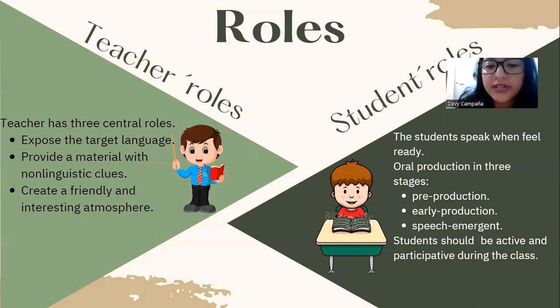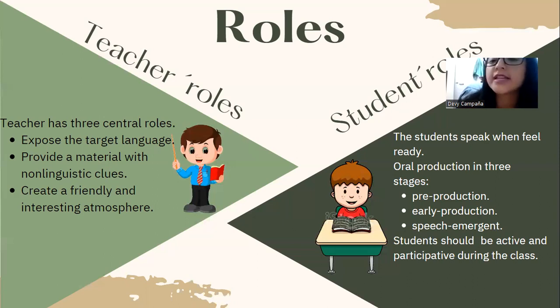These are pre-production. This is students participating in a language activity without having to respond in the target language. For example, the students can act on physical commands or identify a student's clothing or picture from the teacher's description and other things.